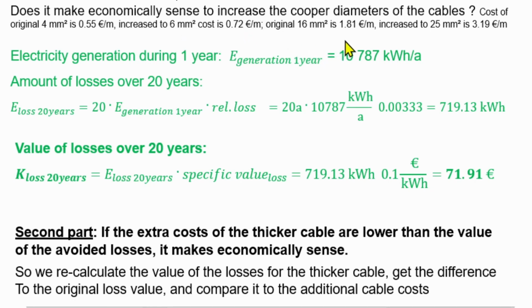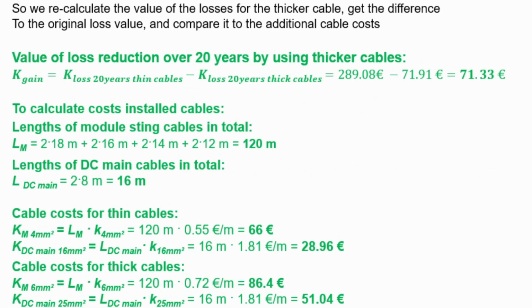And for the original cable, for the DC mains, it was 1.81 euro per meter, and with the increased cross-section area, it is 3.19 euro per meter. So we put in numbers. So the total length here is 120 meters of the cable for the module wiring, and the length of the DC wiring is 2 times 8 meter, 16 meters.